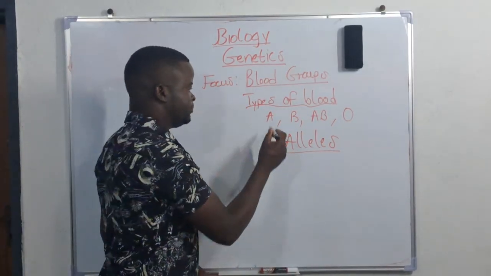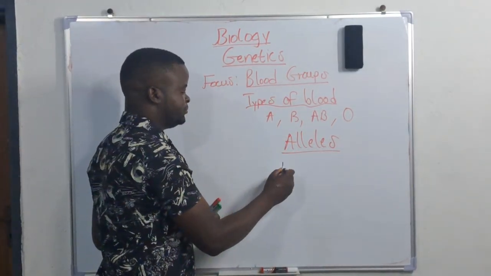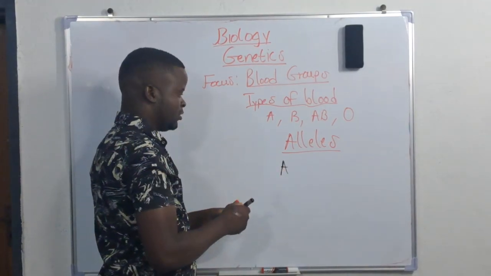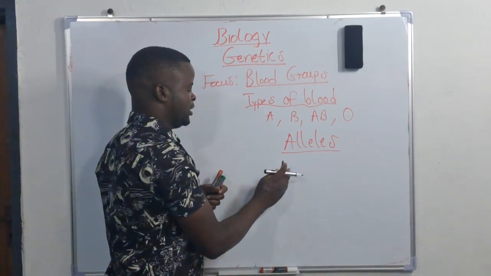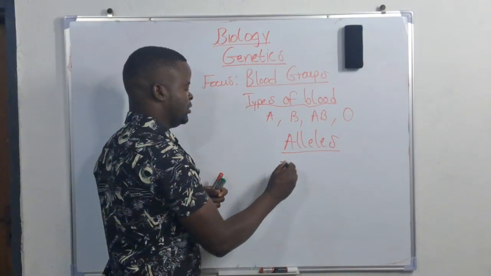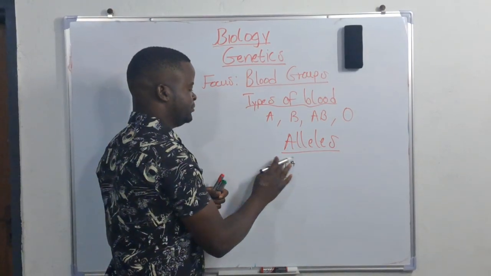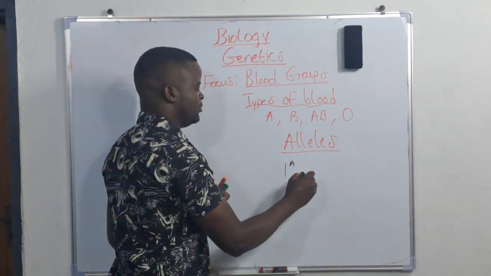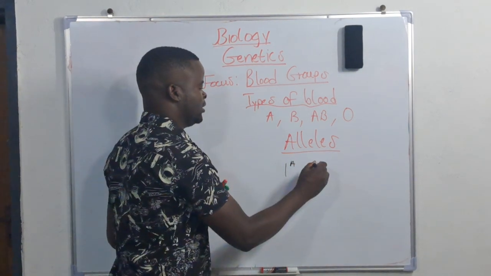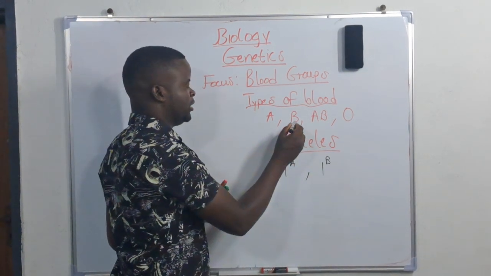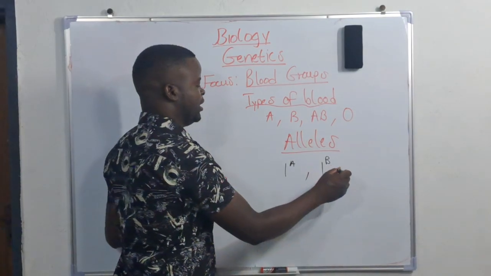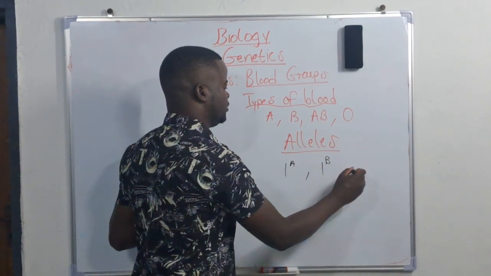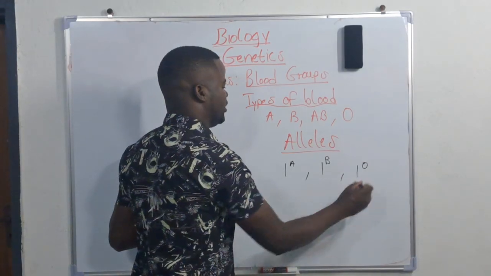So let's go. Blood group A contains these pairs of alleles. So there's IA for blood group A, there's IB for blood group B, and we have another one, which is IO.